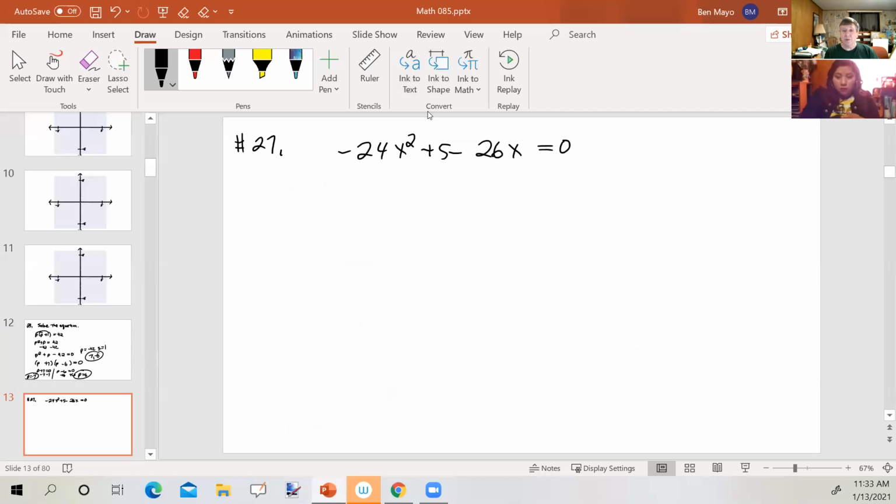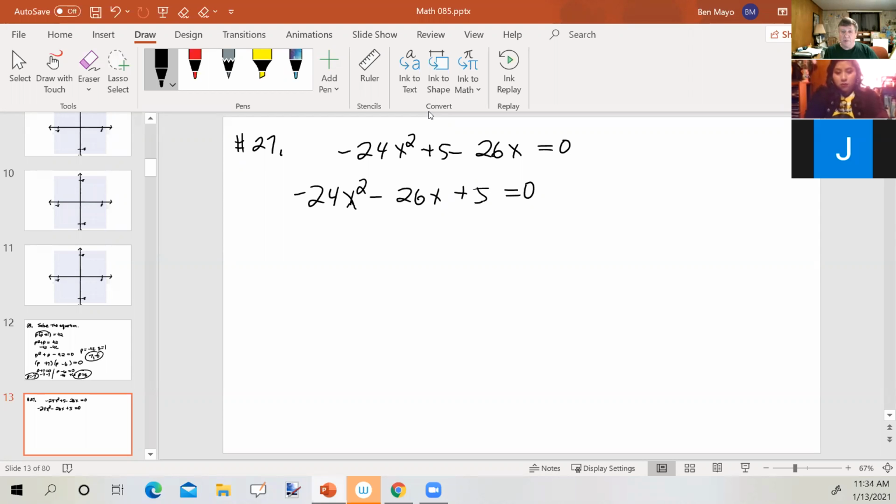Well, the first thing I'm going to do is rearrange the terms on the left side of the equal sign so that they are in standard form. So negative 24x squared minus 26x plus 5 equals 0.